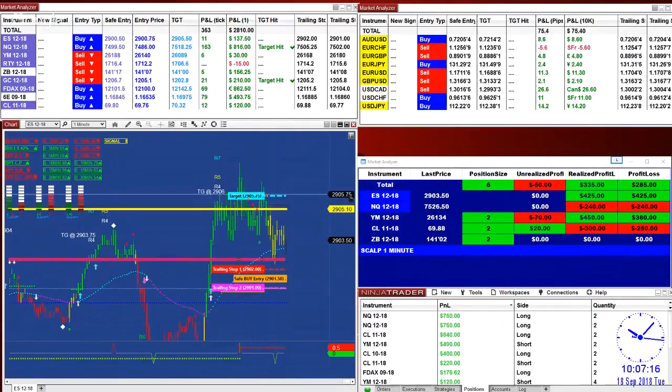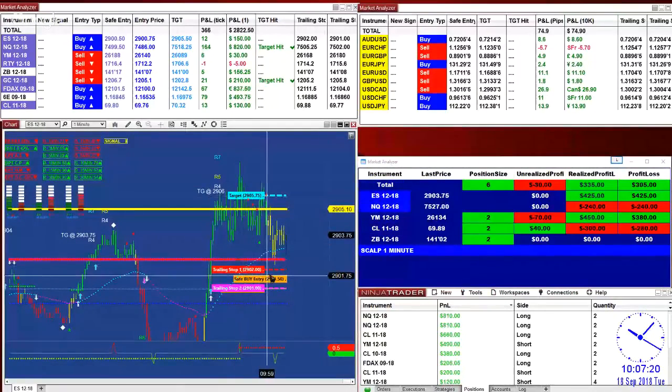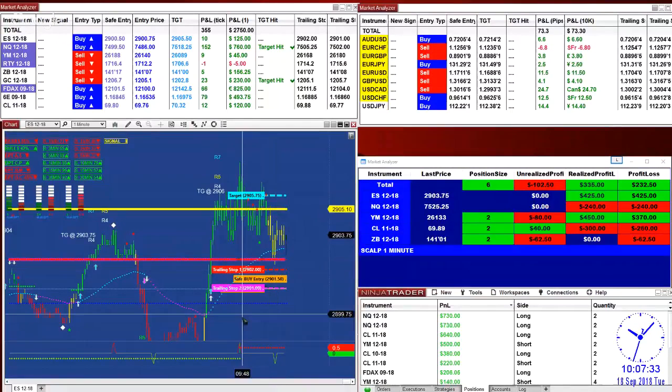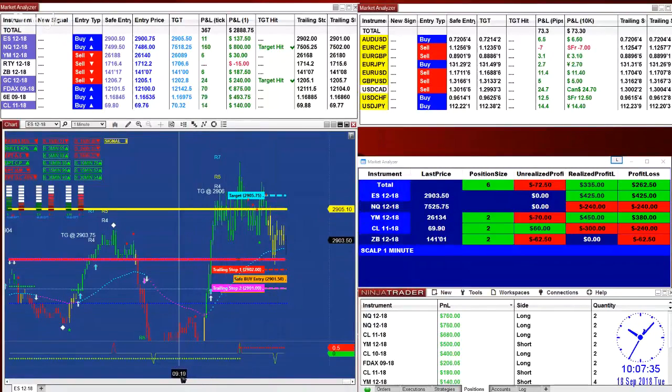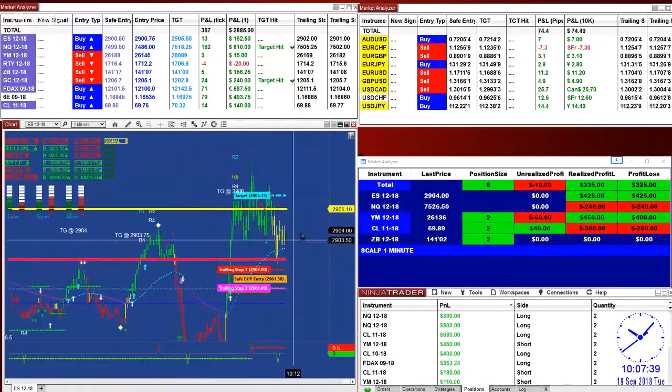On our system, we identify this is a pullback re-entry. So when everybody is taking a short, we are waiting for the market to come into those areas to take a long again. This is the difference between retailers and a little bit more advanced traders, because there is no short yet on this ES.